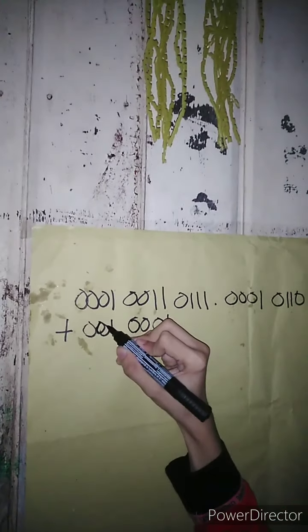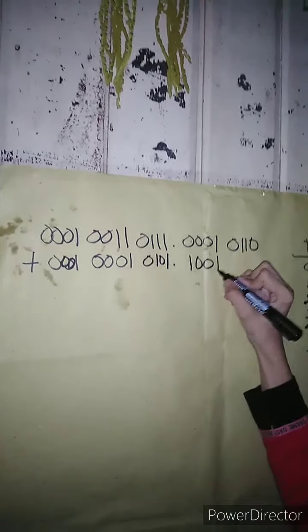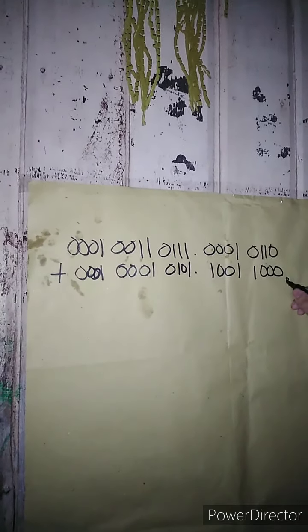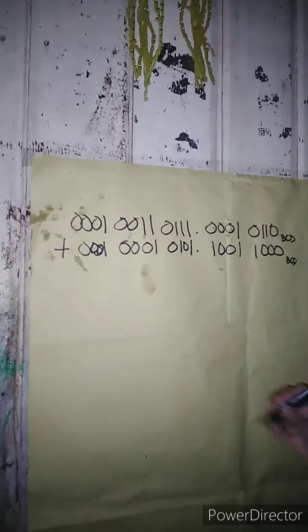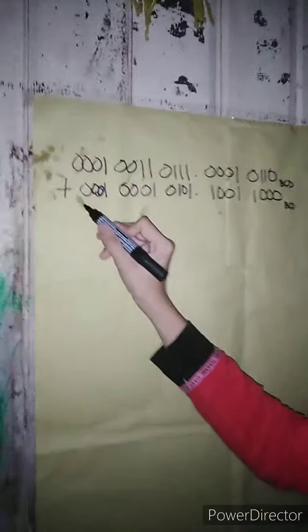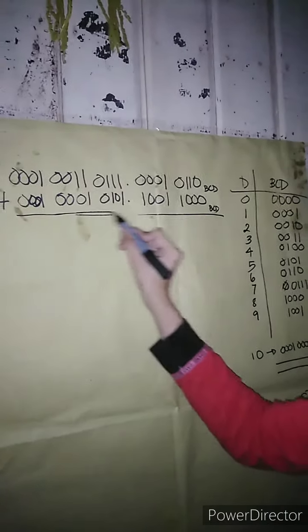Okay, sorry for my penmanship. 1, 0, 1, 0, 1, point 1, 0, 0, 1, 1, 0, 0, 0, BCD. Let's put a label BCD because, like I said earlier, BCD is different from base 2 binary.